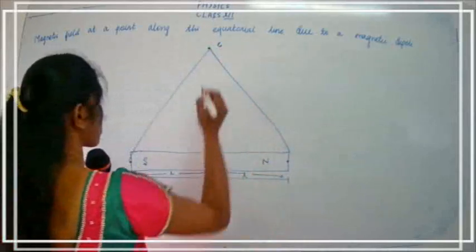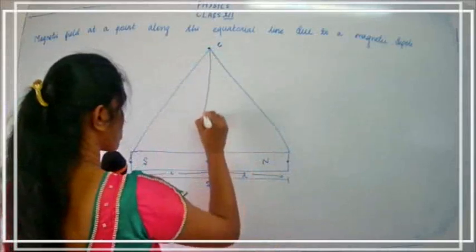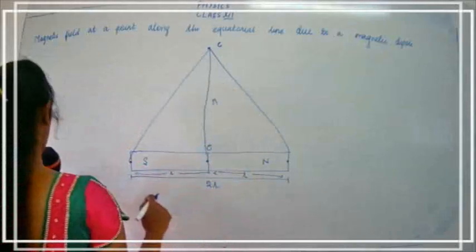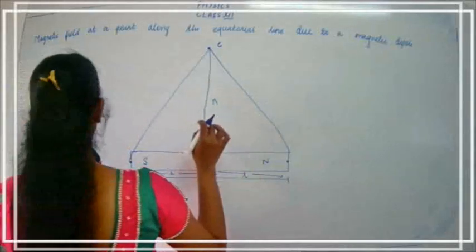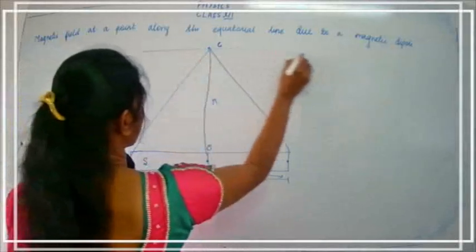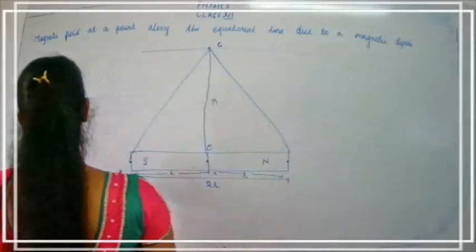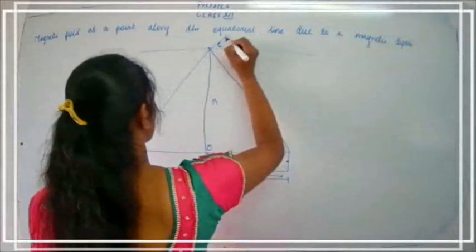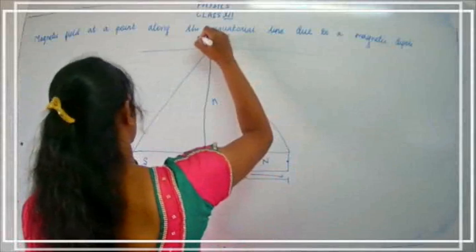The distance between O and C is always R. In the previous one also, the distance between O and C is R. Now draw a line parallel to this one, and it acts in this direction.